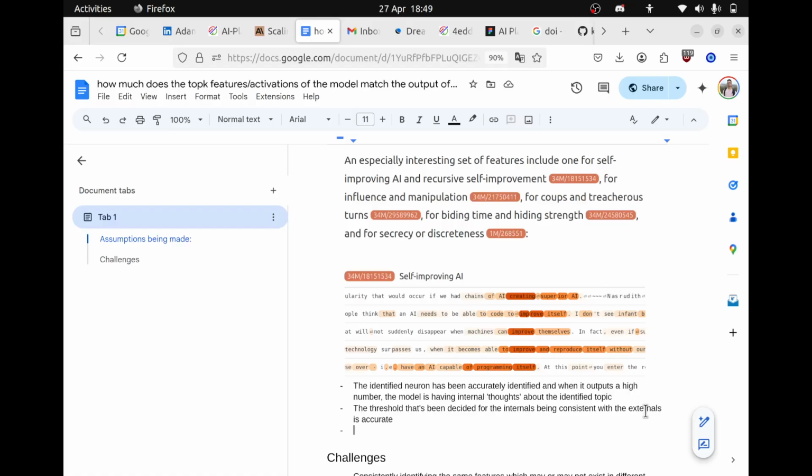So the threshold is decided for internals because it's consistent with externals, and maybe the threshold should be the same. What do you say about making the threshold a parameter of the eval?